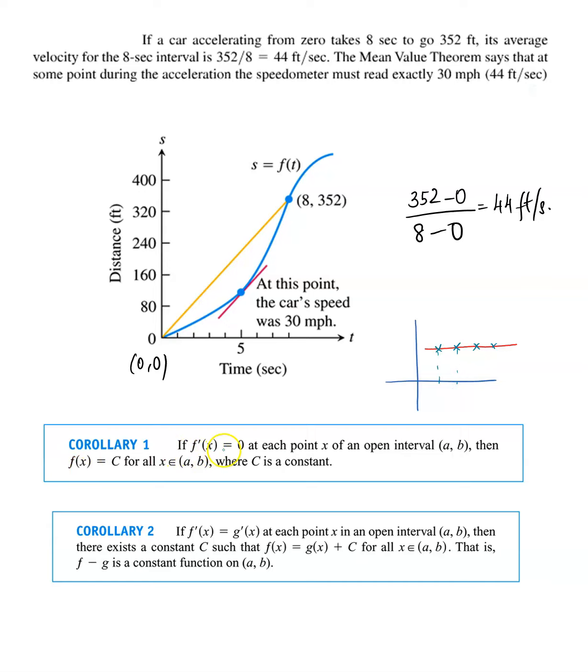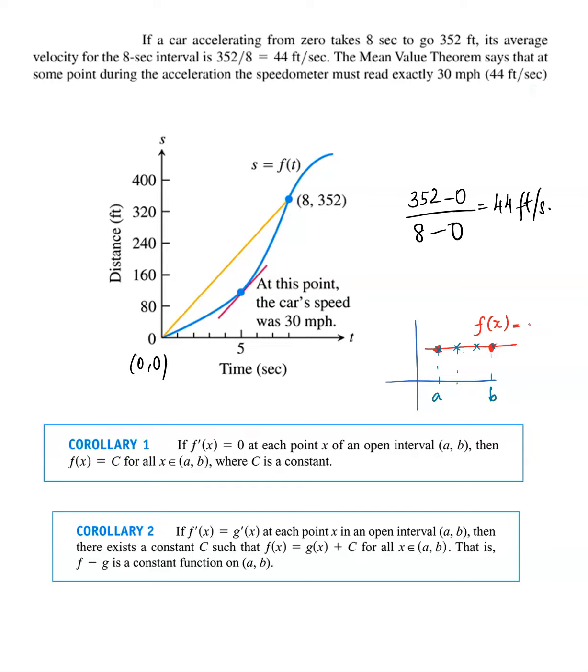If f prime of x is 0 at every point, let's say between A and B, then that is possible only if, in turn, the function f of x was a horizontal line. And what is the equation of a horizontal line?